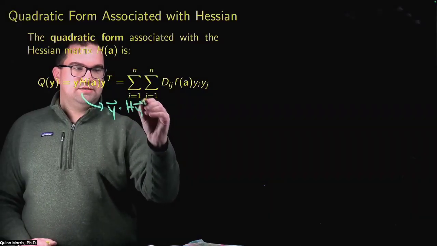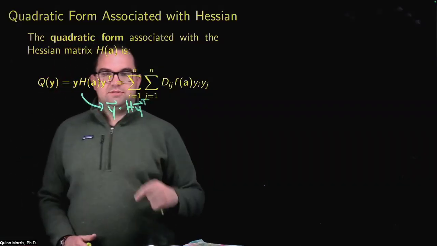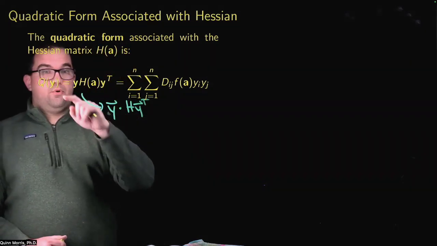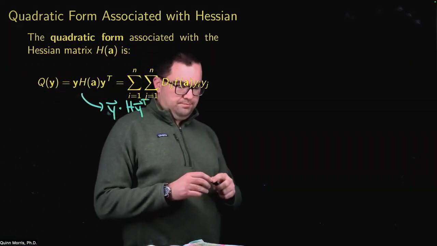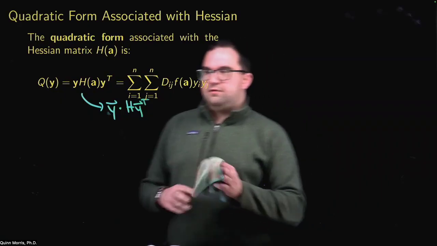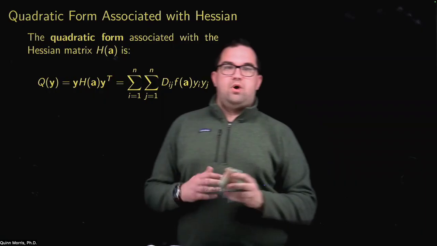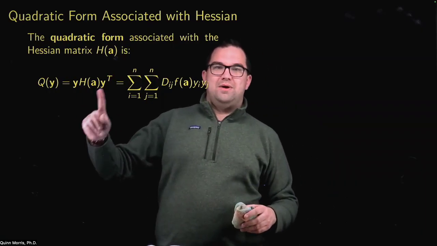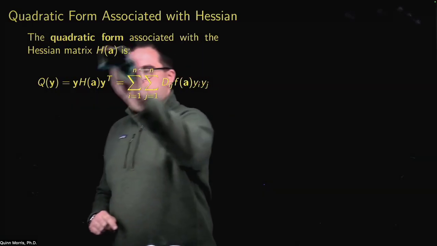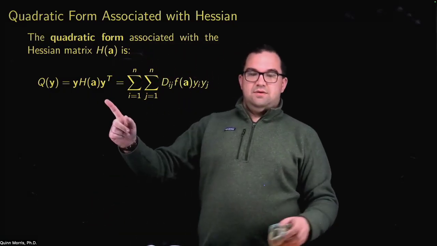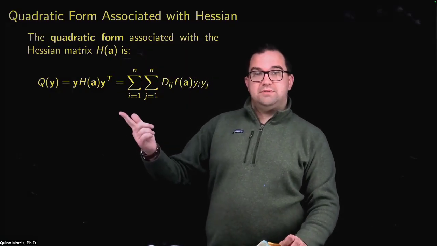That would be like a transpose because you need that. So this is really an inner product that's going on here. So you can study these things called quadratic forms. This is the quadratic form associated with this Hessian matrix. And again, it's just that second order term that pops up.